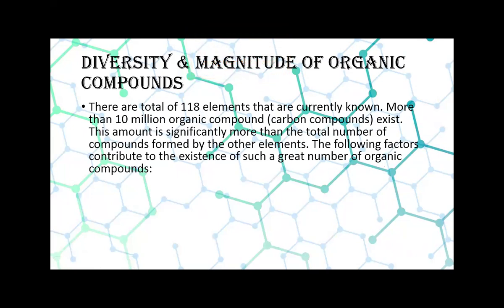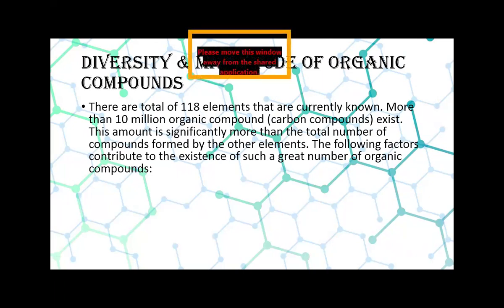Class, as we discussed in the 9th class, we have almost 120, or 118, elements currently in the periodic table. But if we talk about organic compounds, those compounds which contain the carbon element as a backbone, we have more than 10 million. While in the periodic table there are only 118 elements, in carbon compounds we have more than 10 million.